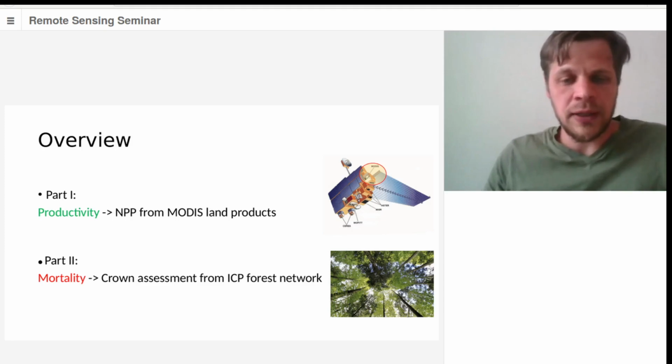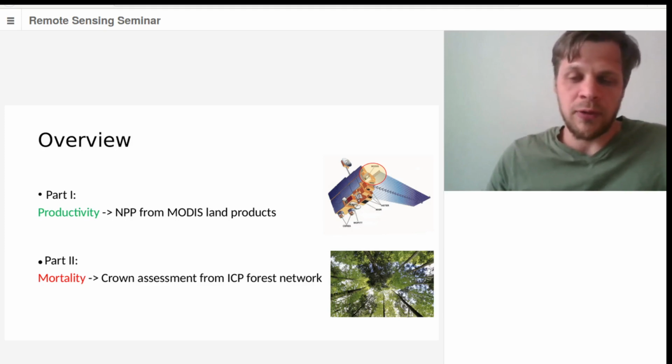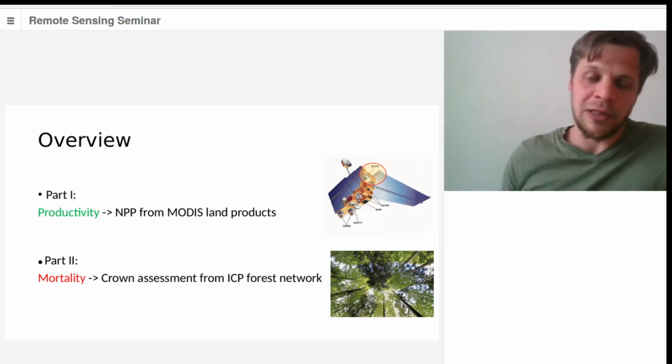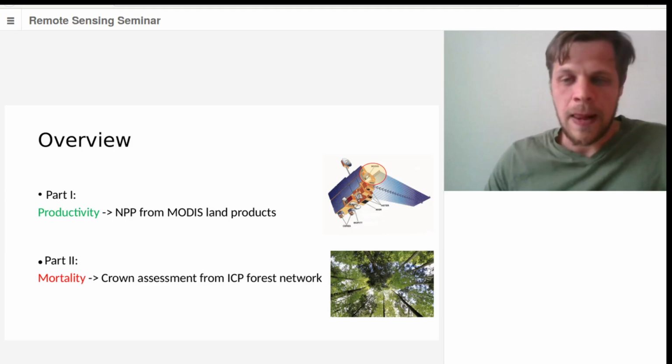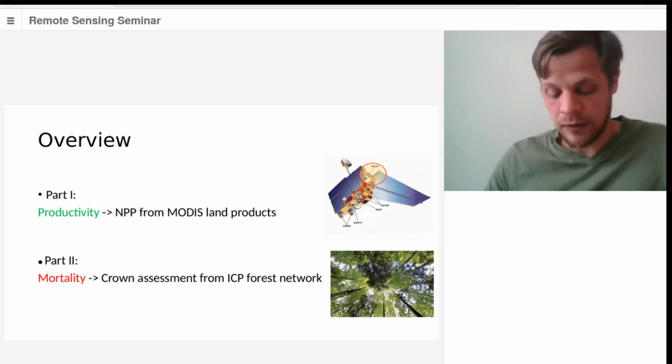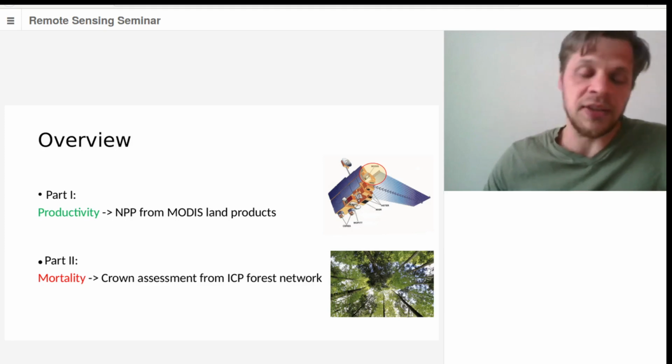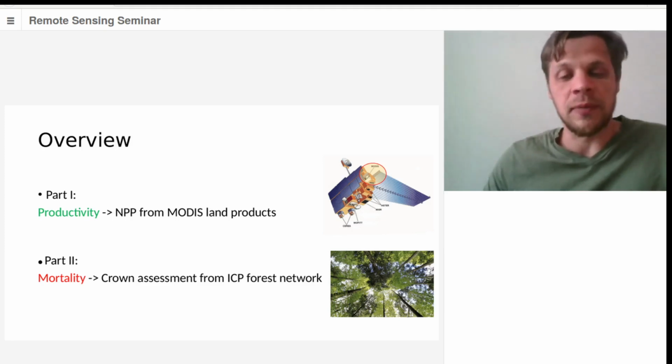And in the second part, I will talk about tree mortality, where we rather look from below, actually, into the grounds, because this is crown vitality survey data from the ICP Forest Network.